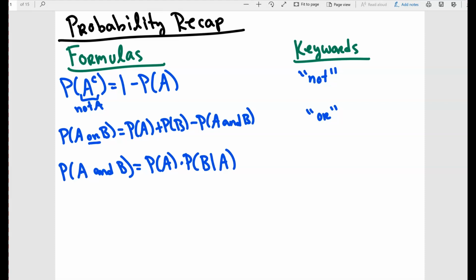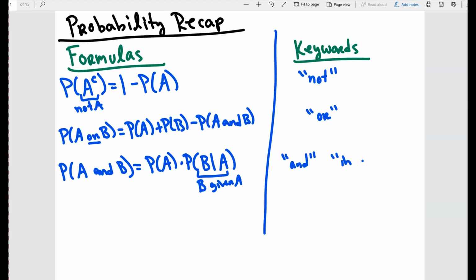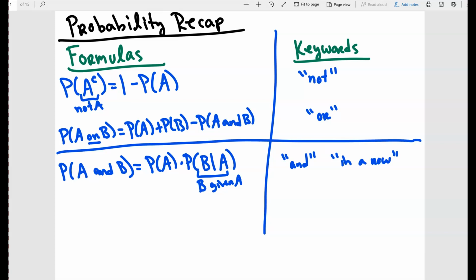This just means probability of B given A. And really what you want to look for in these types of problems is the words and, obviously, in a row. Okay, so these will give you a hint that this is going to be the probability of A and B.